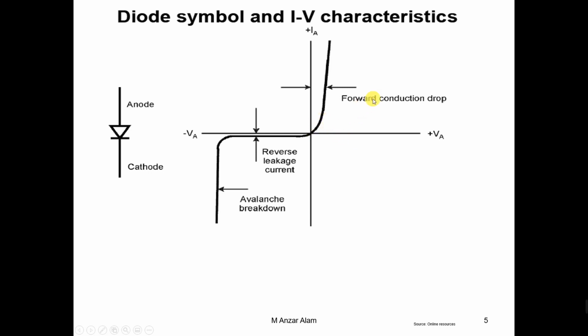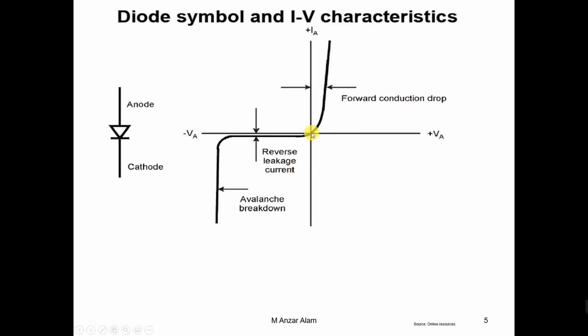This is the region where the anode is connected with the positive supply and the diode starts to flow current. This region is known as the forward region.